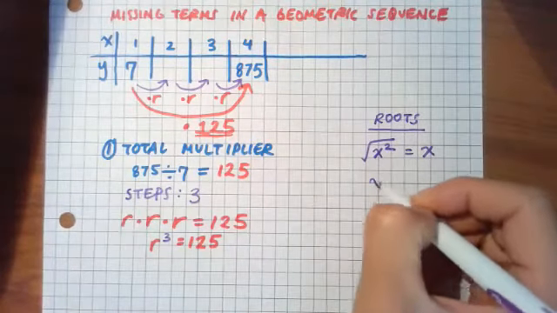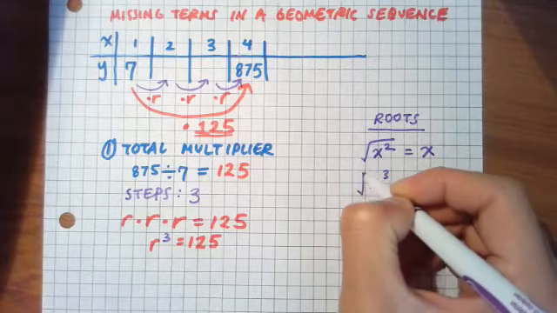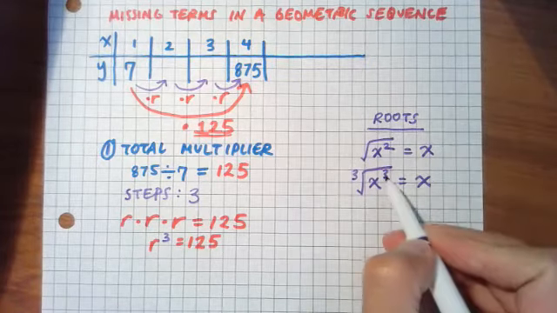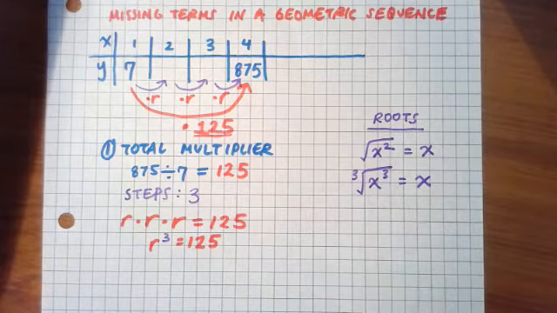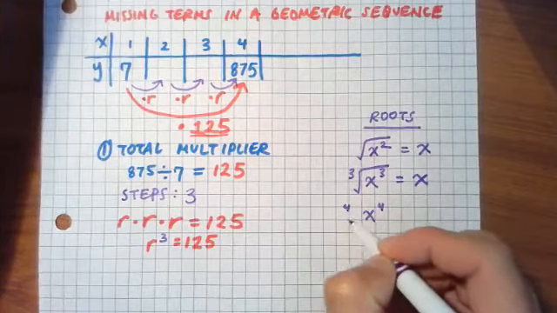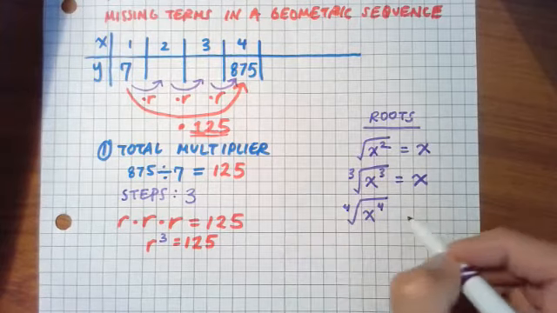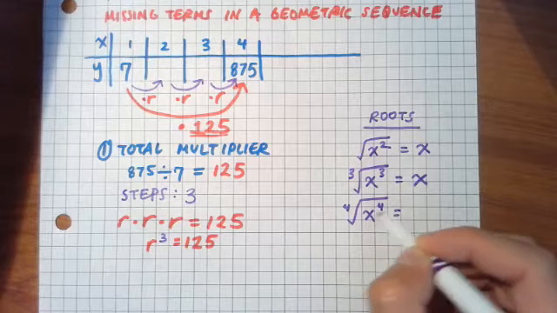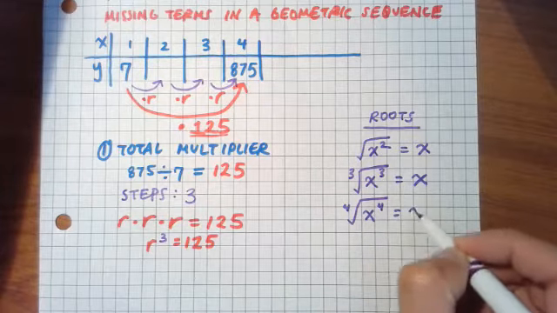If I have x to the 3rd power but I take the third root of it, that undoes the power and it brings me back to x. If I have x to the fourth power and I take the fourth root, that again undoes the power, and I'm just left with x.